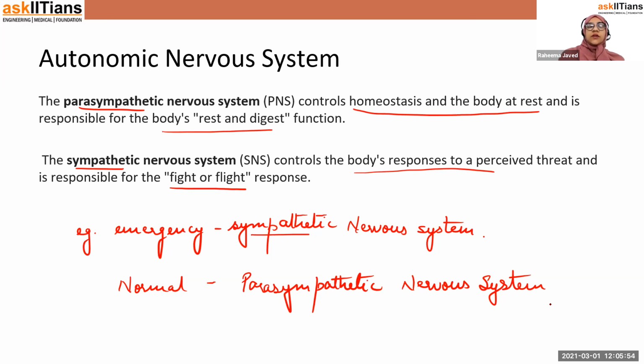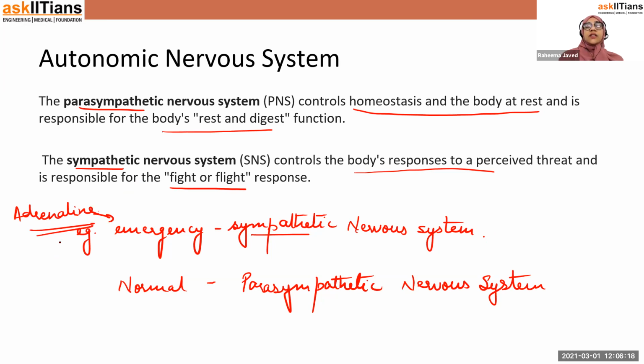There is one more thing, as we are studying control and coordination. When the sympathetic nervous system is working during an emergency, a hormone is released which is adrenaline. This adrenaline hormone is released from the adrenal medulla, which we will discuss in further videos.